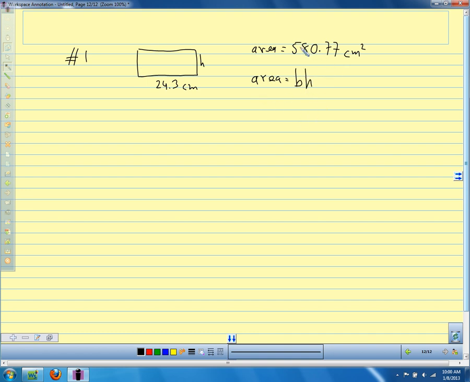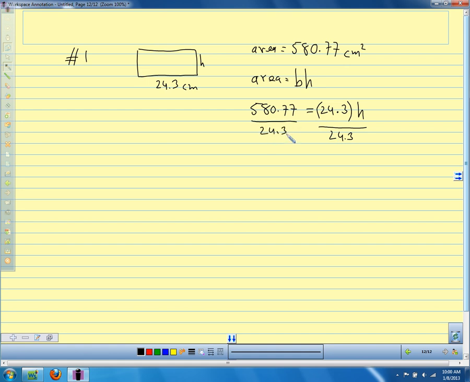So my area is 580.77, and that equals the base, 24.3, times the height. And now from here, how do I find the height? Divide. I need to get h by itself, so I divide by 24.3.